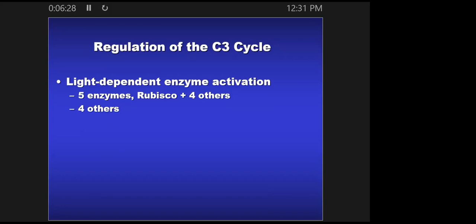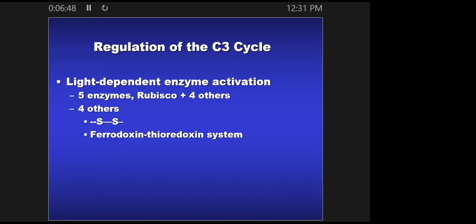So the 4 others on this list, the 4 others besides Rubisco, what they've discovered is they all have the same mechanism where they become active with sunlight. They have sulfur-sulfur bonds, and without light, they're inactive.